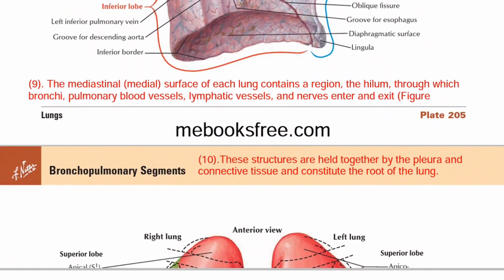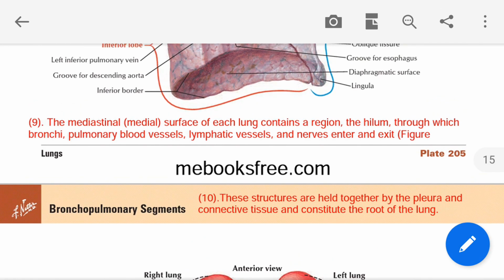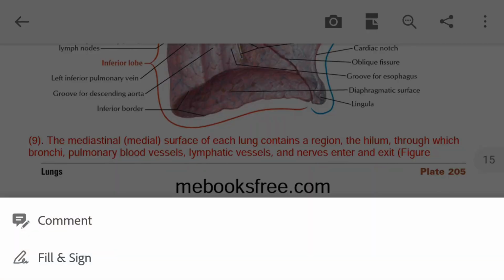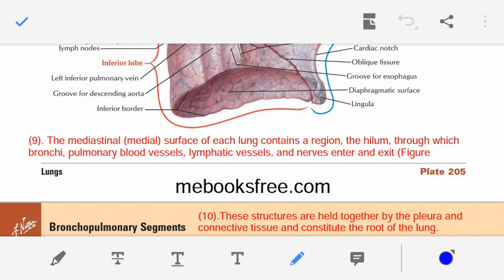Now the ninth point. In the ninth point we are discussing the hilum. What is the hilum? In the middle surface of each lung, that is the mediastinal surface, there is a region, and this region is known as the hilum.